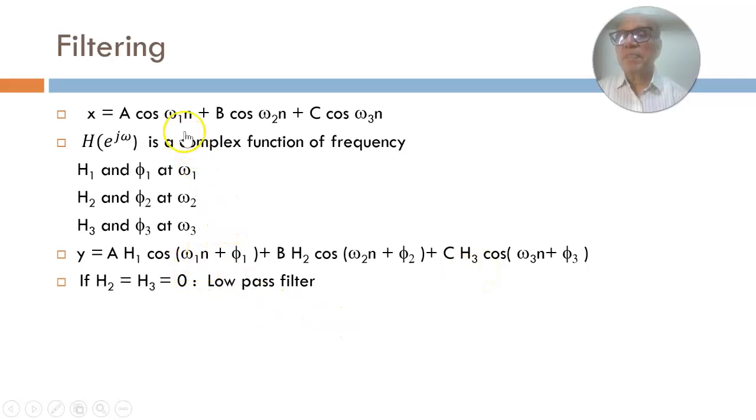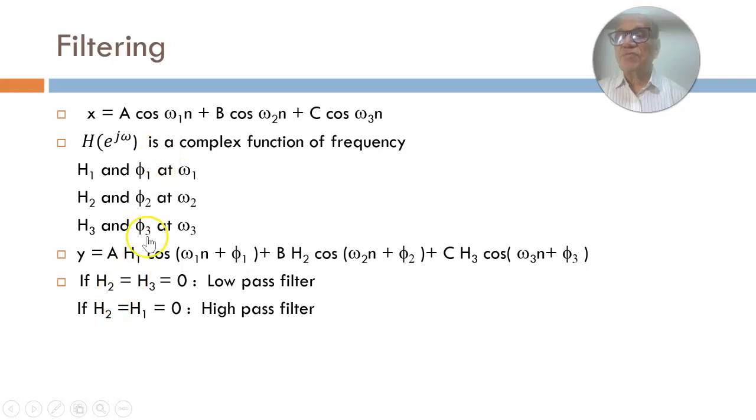I am assuming that omega 1 is the lowest frequency, the next frequency is omega 2, and the highest frequency is omega 3. So omega 3 is greater than omega 2 and omega 2 is greater than omega 1. So if we say that H2 is equal to 0 and H3 is equal to 0, then these two high frequency components are eliminated. Only this is kept and you get a low pass filter.